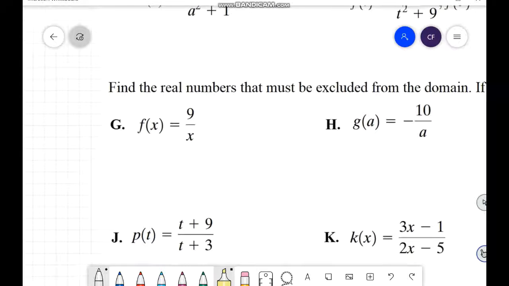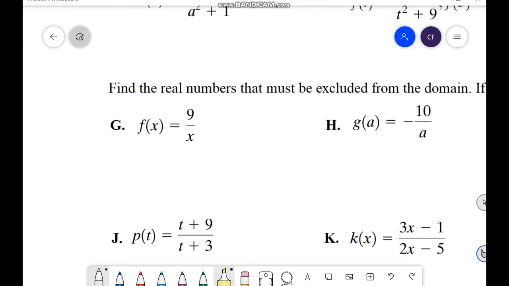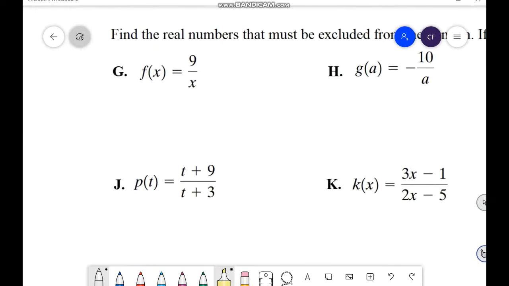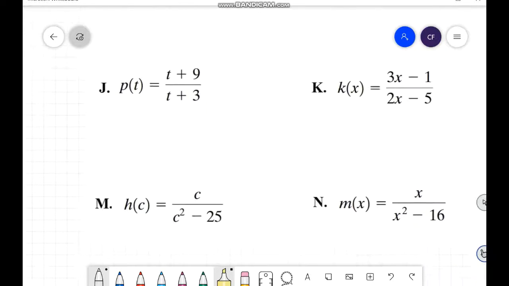Letter G is a different kind of question. Find the real number that must be excluded from the domain. And letter G is kind of easy. Let's try letter J. On letter J, just focus on the denominator. The denominator cannot be 0. So you make t plus 3 different from 0. You don't want 0.